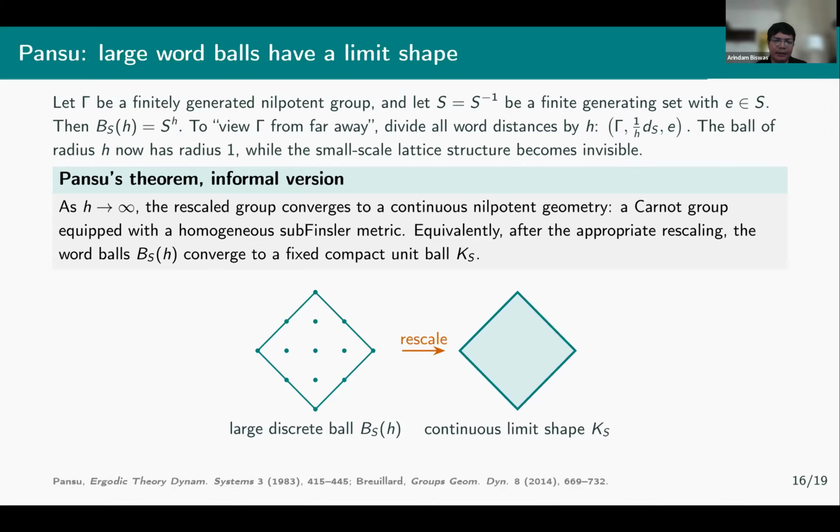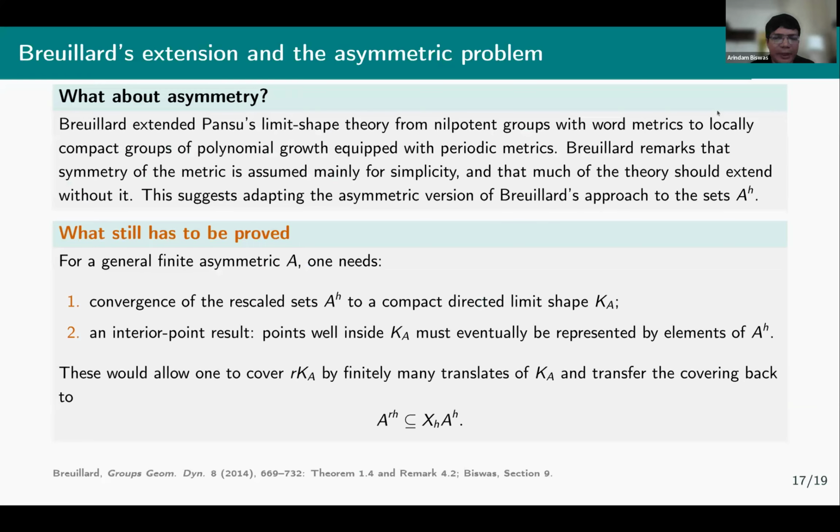This is because Pansu's original work was for symmetric generating sets, while Breuillard extended it to cover limit shape theory, not just for nilpotent groups, but for locally compact groups of polynomial growth. He also remarked that symmetry of the metric is assumed mainly for simplicity, and that much of the theory should extend without it. So this suggests adapting an asymmetric version of Breuillard's approach to the sets A to the power H.